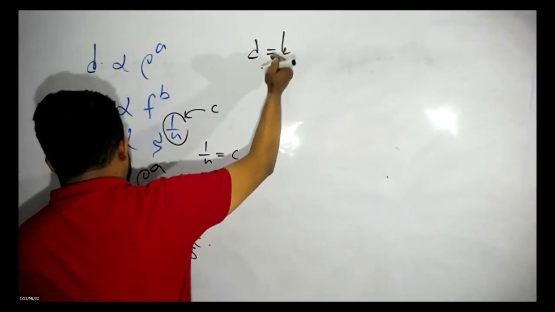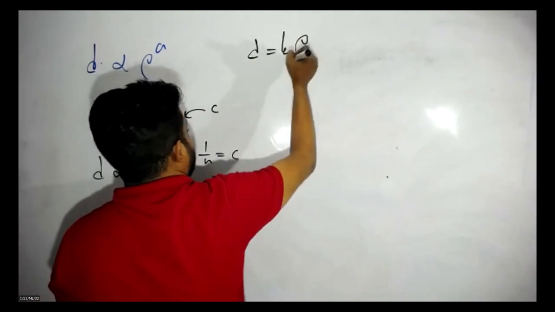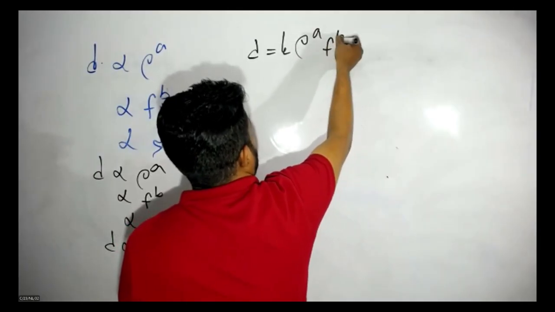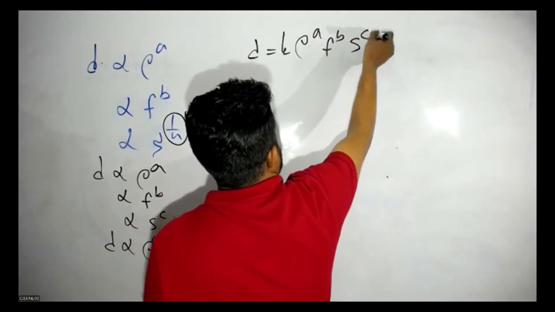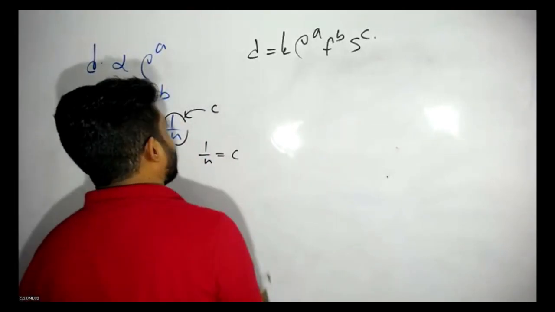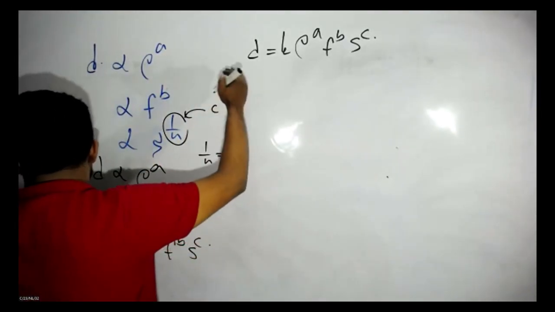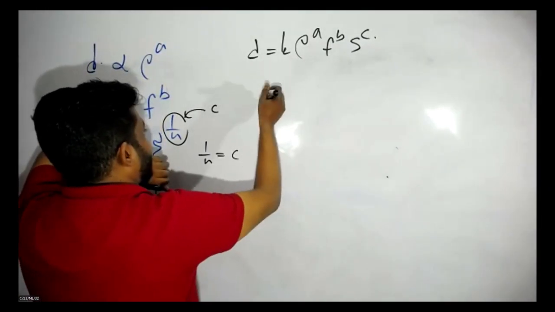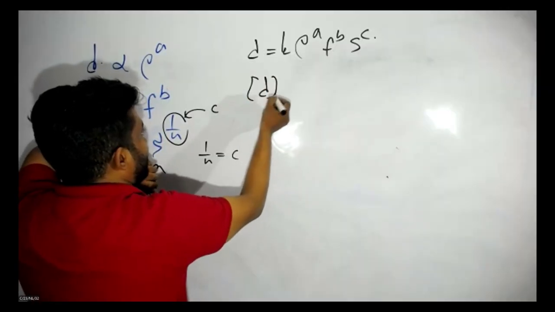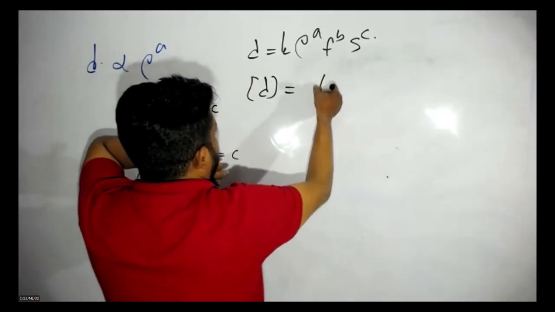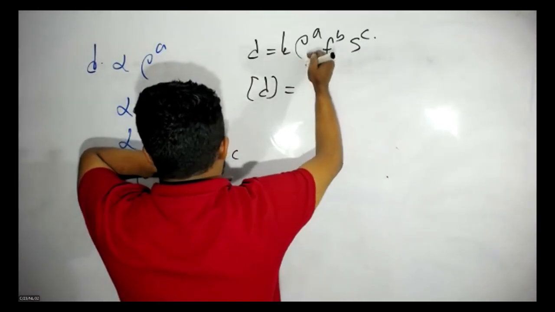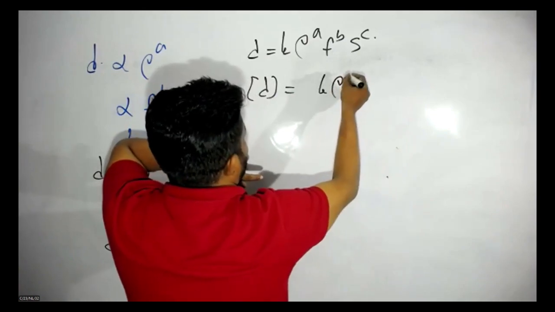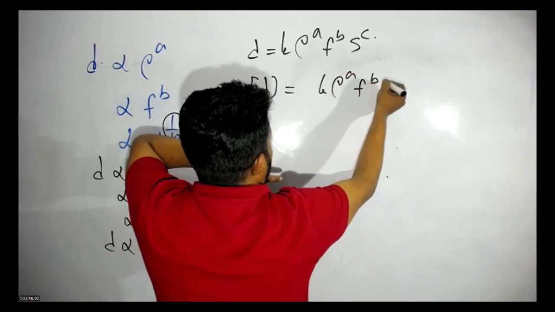K is a dimensionless constant. Then d equals k rho to the power a, f to the power b, and s to the power c. If this is a correct equation, dimensions should be equal. What should the dimensions of the two sides be, children? Equal. Then the dimensions of the left side should be equal to the dimensions of the right side: rho to the power a, f to the power b, and s to the power c.